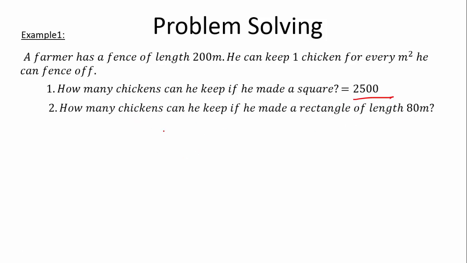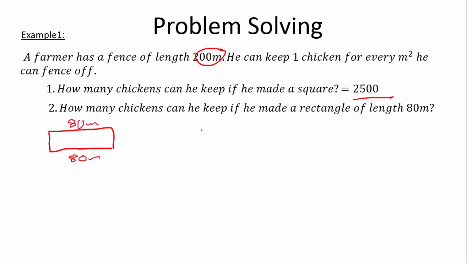Okay, so now we're going to try and make a different configuration. We're not going to use a square. We're still using our 200 meters. So if the rectangle is going to have a length of 80, we have our rectangle that we're going to draw here, with a length of 80 meters and 80 meters.